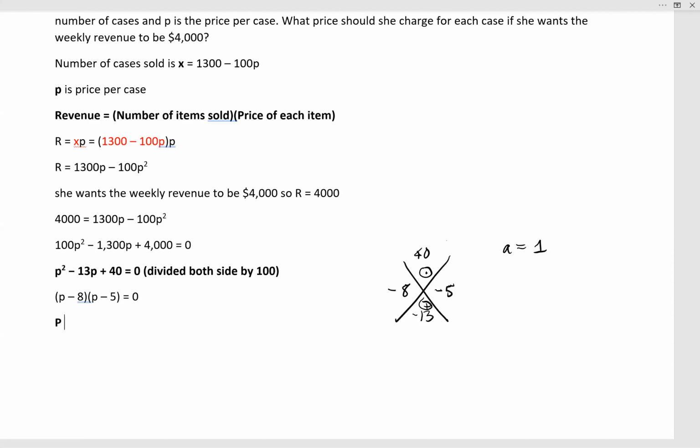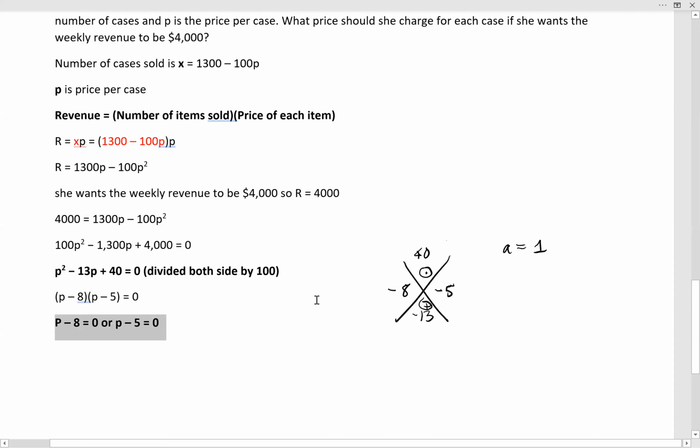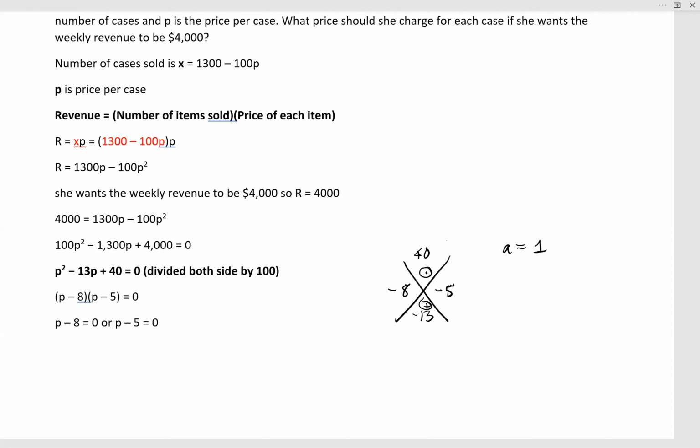So p minus 8 equals 0 or p minus 5 equals 0. Either this case or the other case will help you find the price of each case. So the first one gives me p equal to 8, the unit is dollars, or p equal to $5.